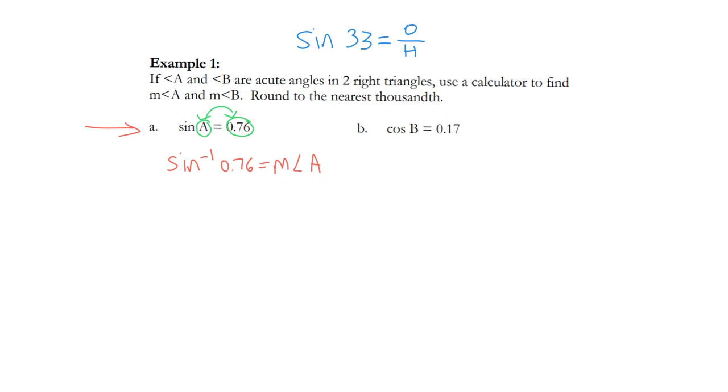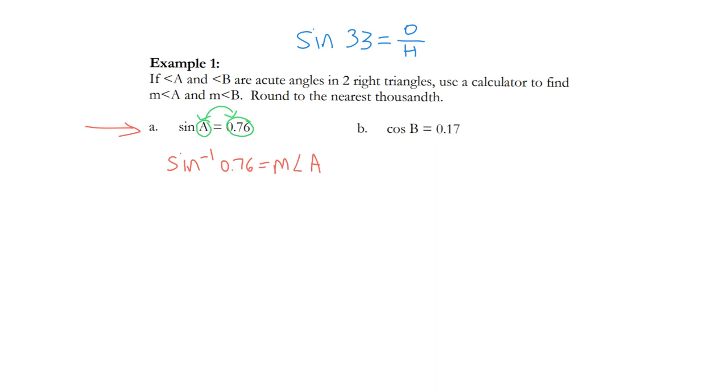So grab your calculator, and what you're going to type in here, you're going to use the shift key on almost every single calculator. You need to use shift, because if you look at the sine button on your calculator, right above it, it should say sine with a little raised -1. That's sine inverse. So you're going to hit the shift button to get to that sine inverse.